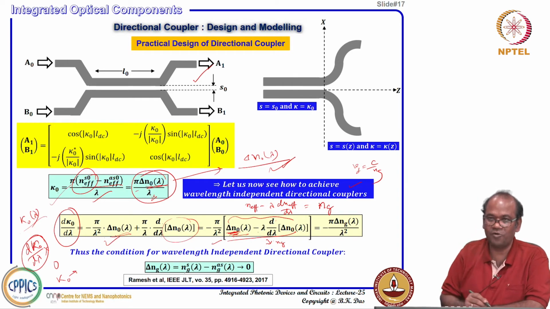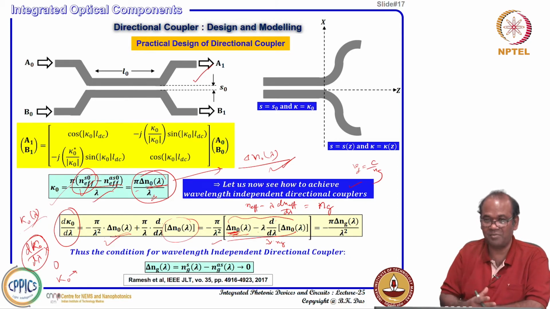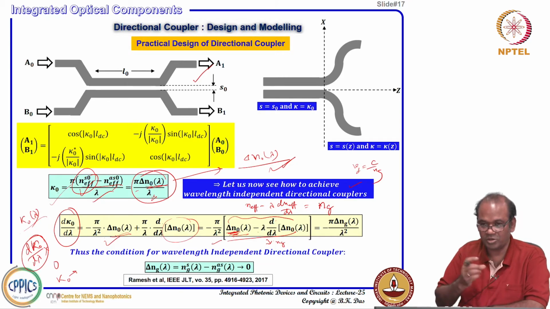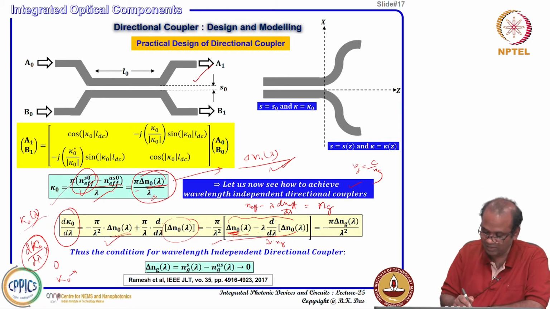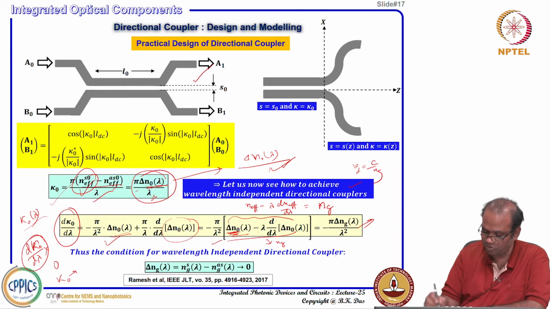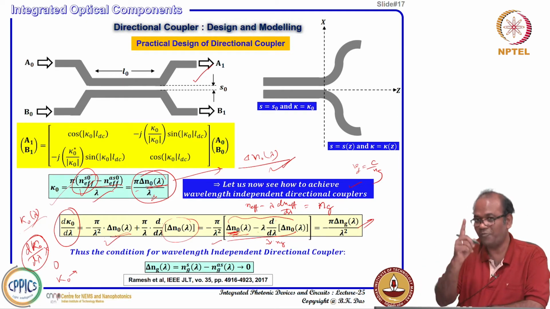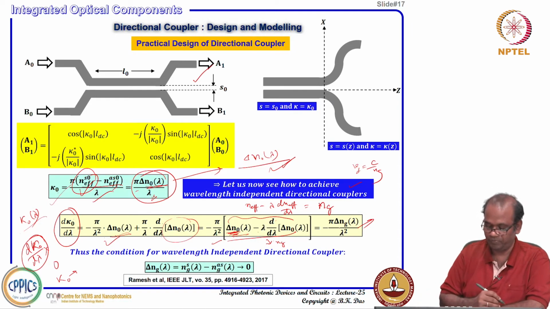The symmetric and antisymmetric modes obviously will have different effective indices, no doubt about it. But if I find their group indices are almost identical, close, then delta Ng will be equal to 0. Once delta Ng is equal to 0, I can say that d kappa naught by d lambda equal to 0, which means your kappa naught is wavelength independent. So, I need to find a design where delta Ng is close to 0.